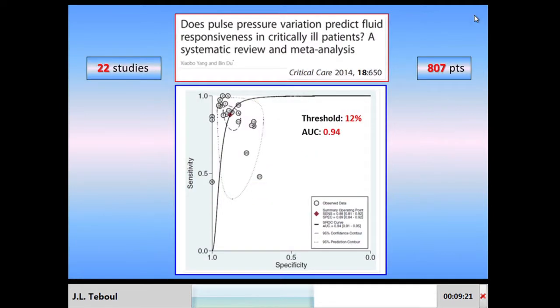And this was confirmed in many other studies. And this is a meta-analysis from China, looking at 22 studies that addressed the issue of fluid responsiveness predicted by pulse pressure variation. More than 800 patients were included. And the threshold value was 12%, and the area under the ROC curve was excellent, 0.94.